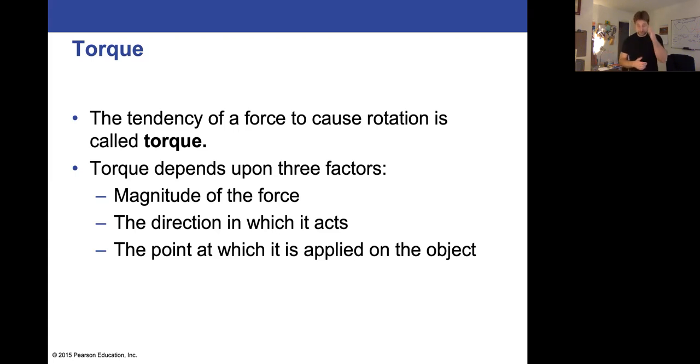Magnitude of the force. The point on the object at which it is applied. Have you ever gone to open a door and pushed at the wrong side? Like it swings this way, but you've accidentally pushed at this side and nothing happens.